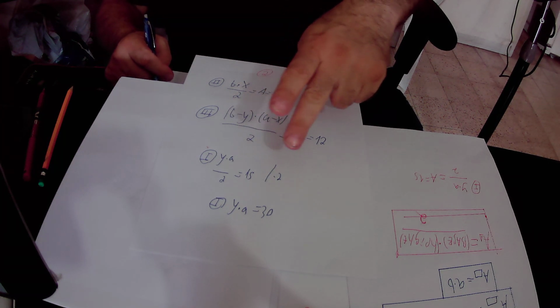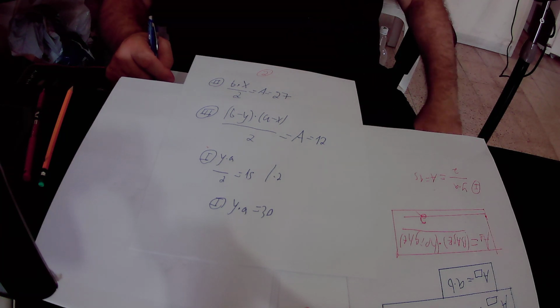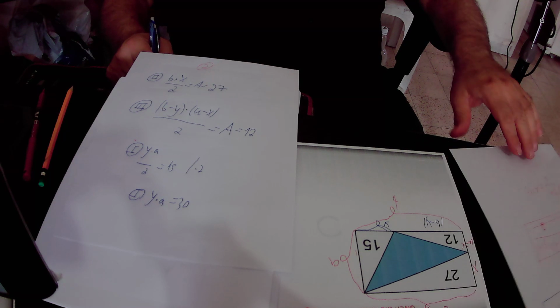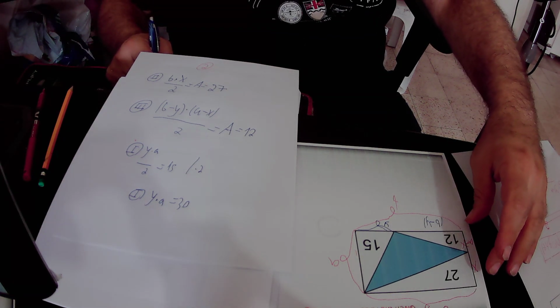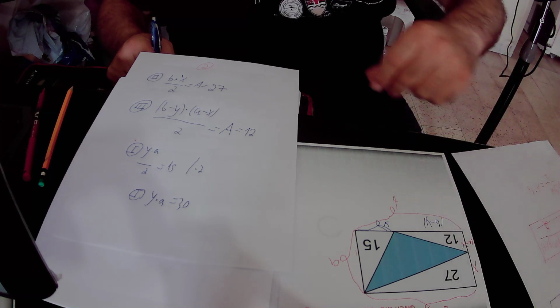Now we can divide both sides of the equation by A, because A can never be 0. A is the width of this rectangle, and the width of the rectangle must be a positive number.